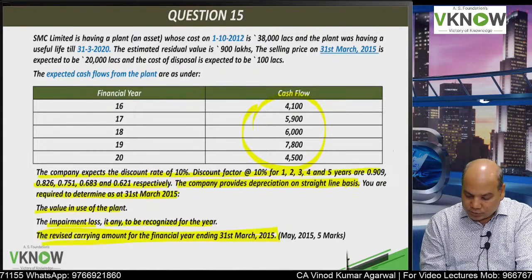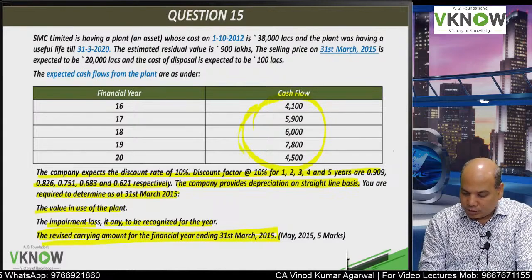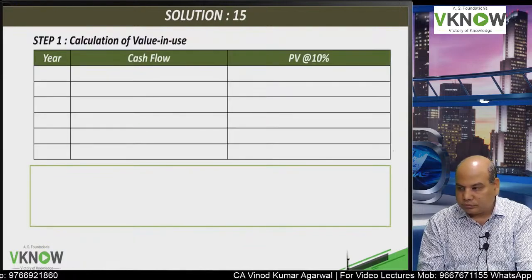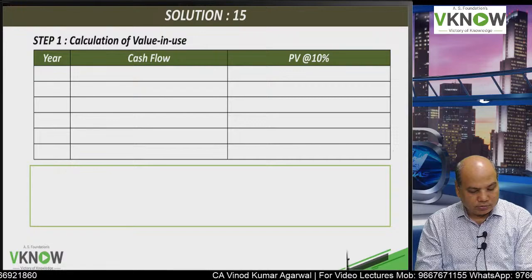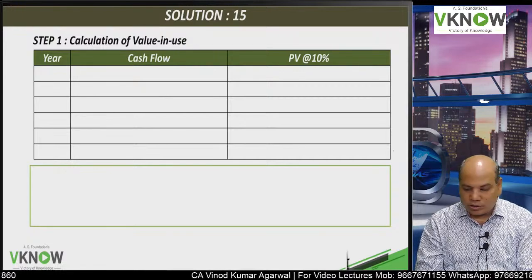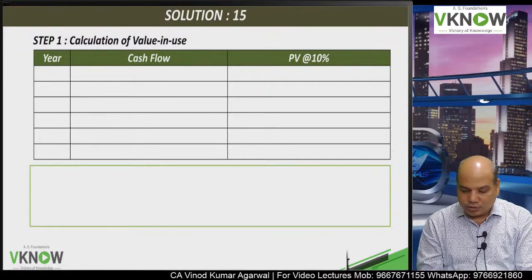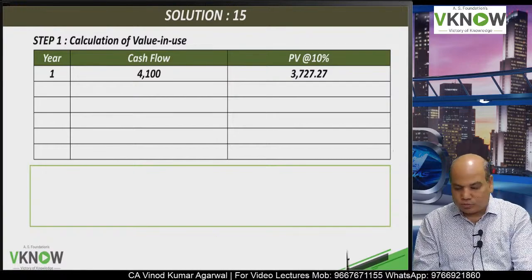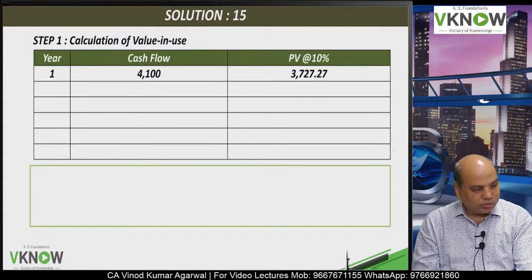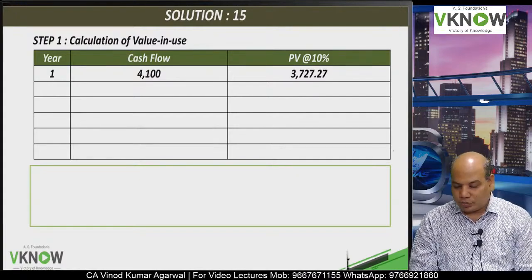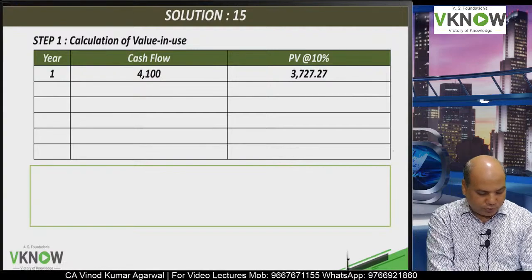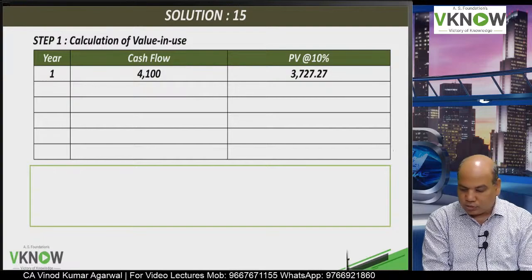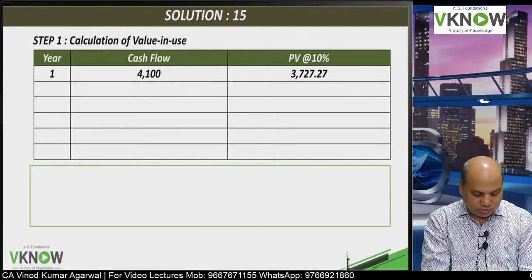What we should do in such problem? First we'll find out value in use. Write down please. Step number 1, calculation of value in use. First year 4,100 cash flow and the discounting rate is 10%. So take on your calculator 4100 divide by 1.10 equal to 3727.27, memory plus.